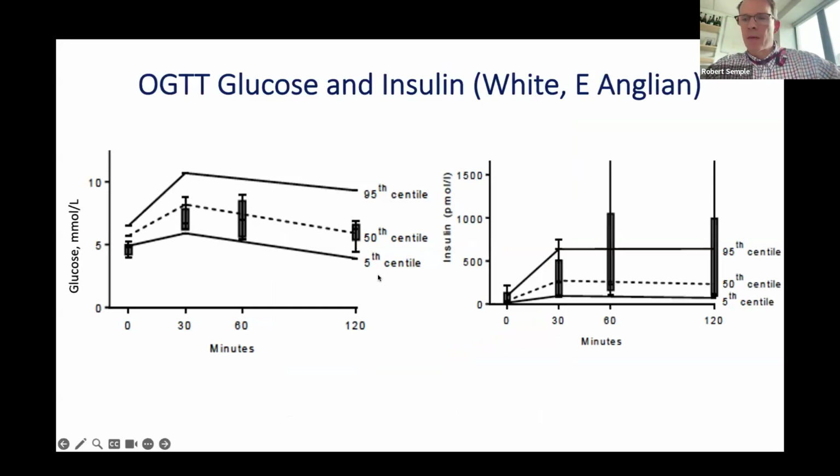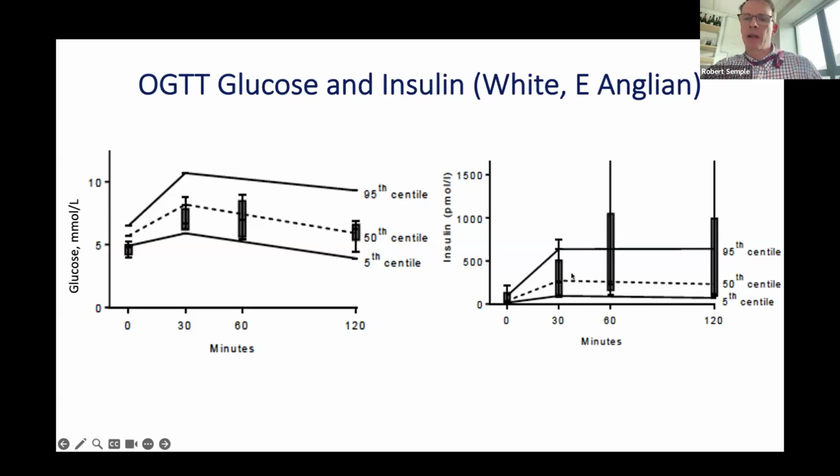Now, I've just taken these from the supplement of one of our papers, so you can ignore the whisker plots. What you also have here is the same schema of 50th centile and the extremes taken from the general population, but during the course of a glucose tolerance test. So this is the 95% confidence interval for glucose. And similarly, this is it for insulin as well.